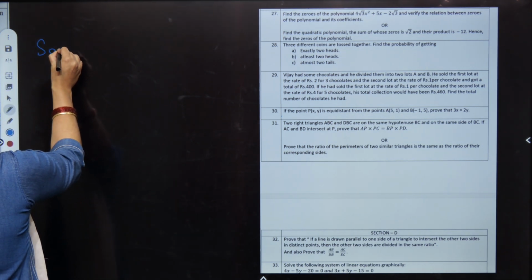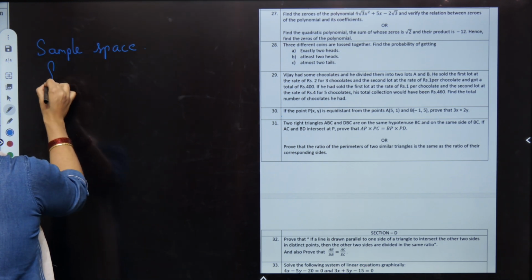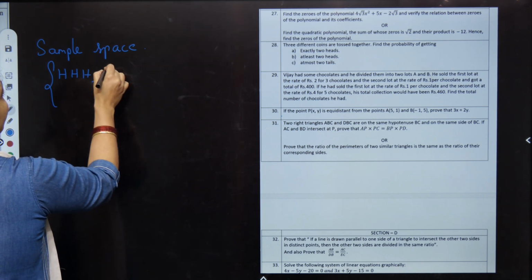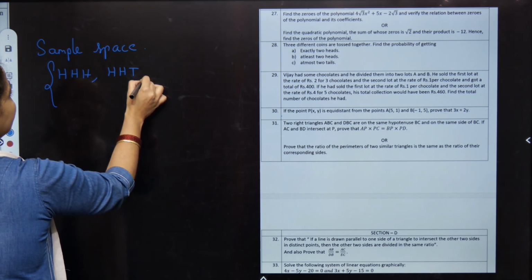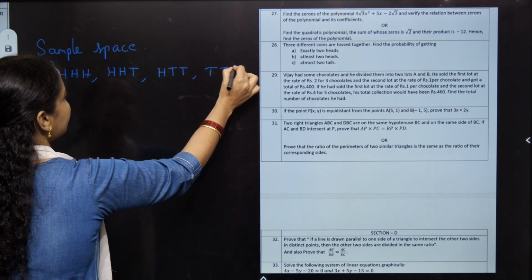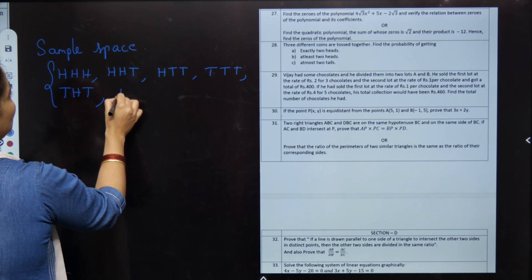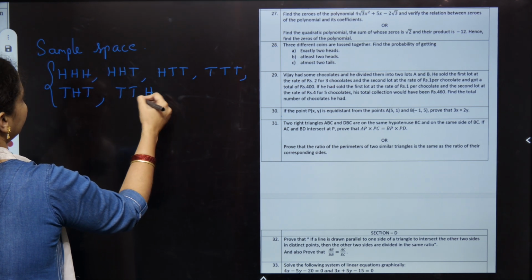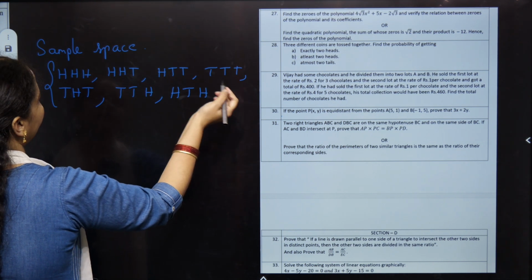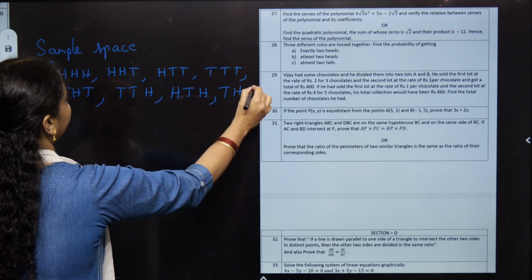The sample space of 3 different coins tossed together can be: first, all 3 heads can be the outcome, 2 heads and 1 tail, 1 head and 2 tails, all 3 tails, then head, tail and tail, tail, tail and head, then head, tail and head, then we are left with tail, head, head.